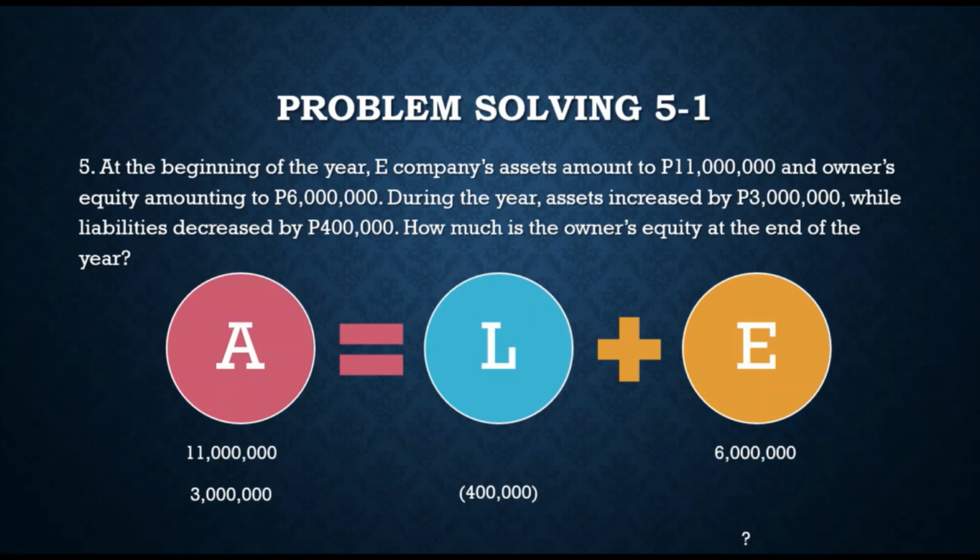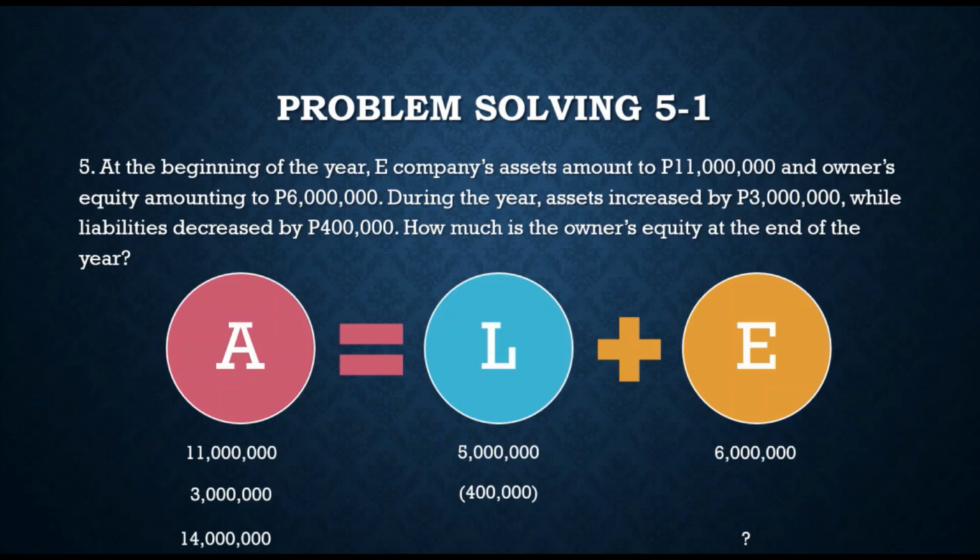So, dun sa beginning of the year, makakompute natin kung magkano ang total liabilities since given ang asset at owner's equity. So, 11 million minus 6 million, ang ating total liabilities sa beginning of the year ay 5 million. Then, computein naman natin yung amount ng asset at the end of the year. So, 11 million plus 3 million since nadagdagan daw ang assets natin during the year, ang total amount of assets at the end of the year ay 14 million.